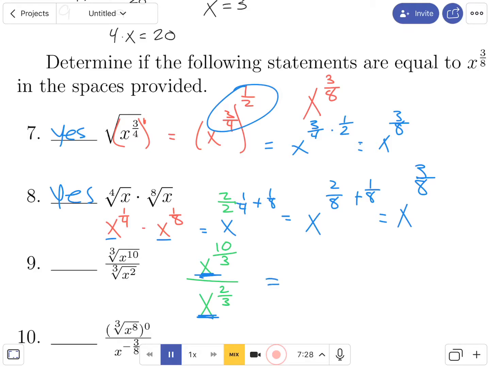So this is equivalent to x to the 10/3 minus 2/3, which we know is equal to x to the 8/3 power. Even though it has both the 8 and the 3 in fraction form, we were looking for x to the 3/8 power, not x to the 8/3 power, and so unfortunately that one's not going to work for us.